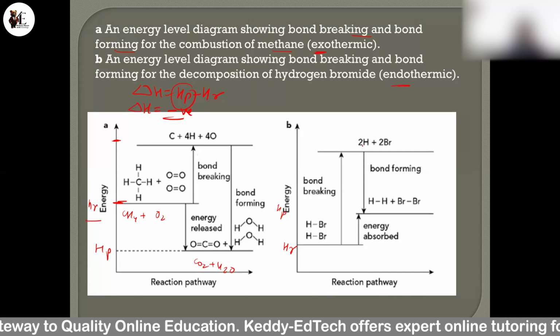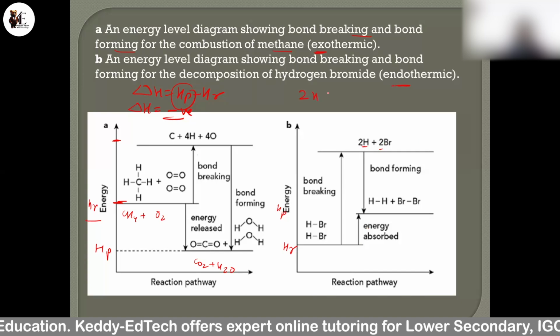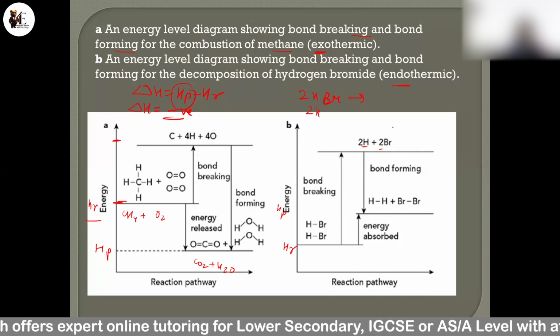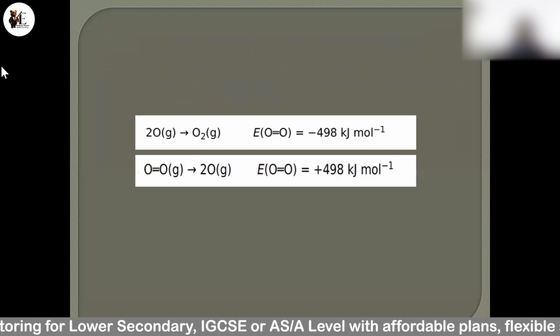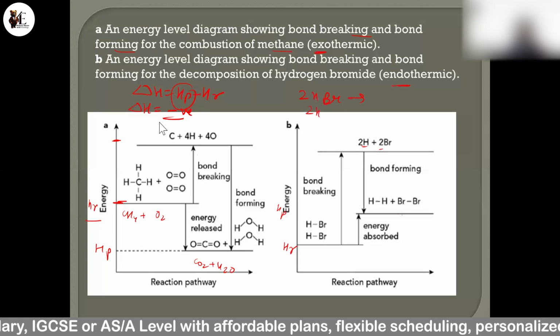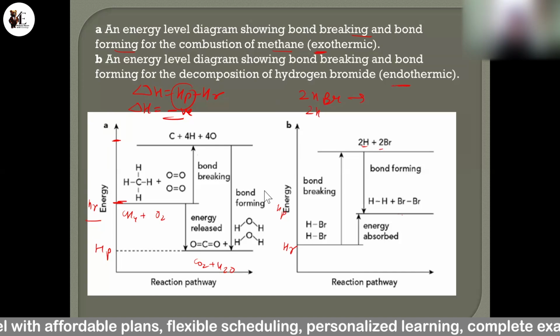This is the intermediate: when you break the bonds of 2HBr, you break 2 H and 2 Br bonds, so you get H2 plus Br2. This is your decomposition reaction. Okay, so draw it.